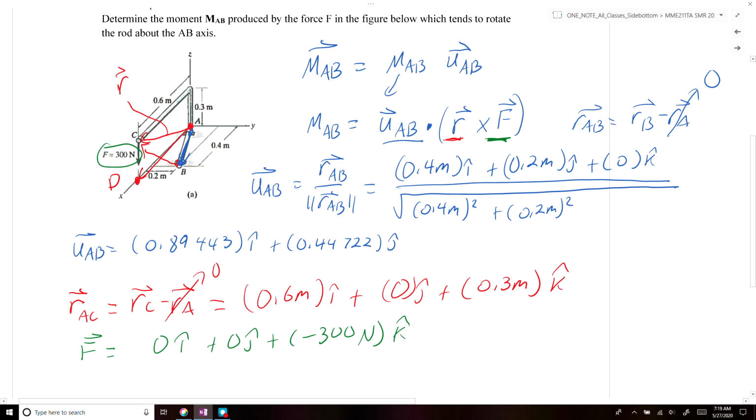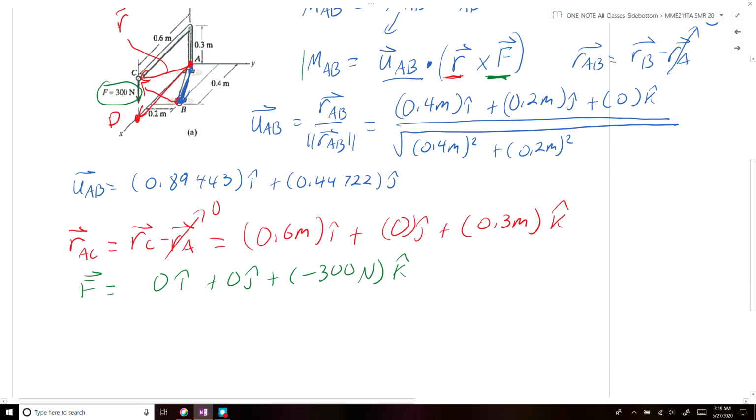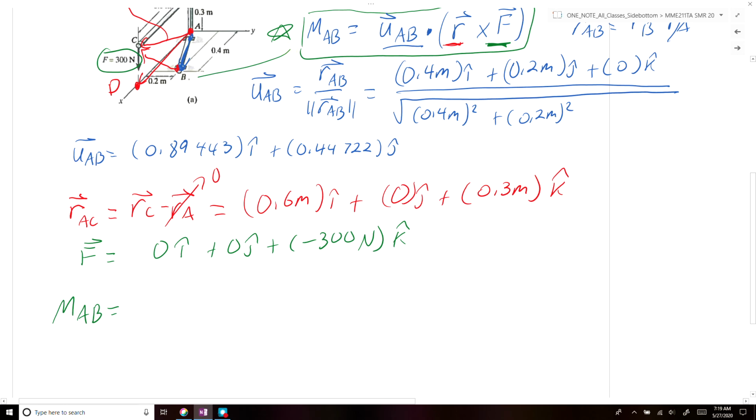Okay, so now we have all of our components together. We can evaluate this equation using the following determinant. We can define MAB using a determinant where the top row is equal to UAB, so it would be 0.89443, 0.44722, 0.